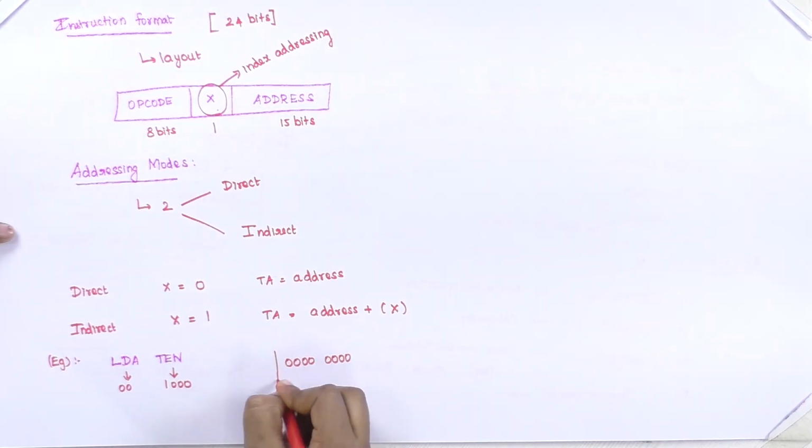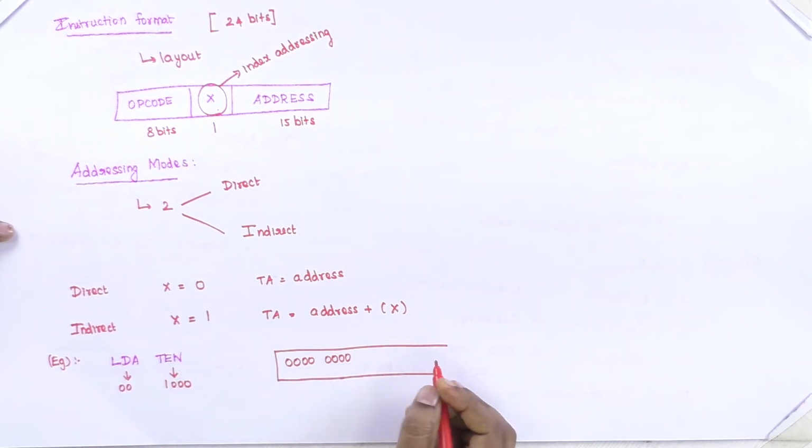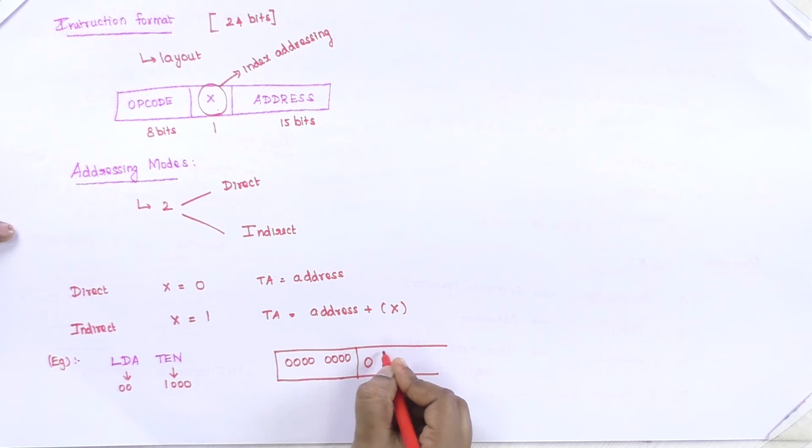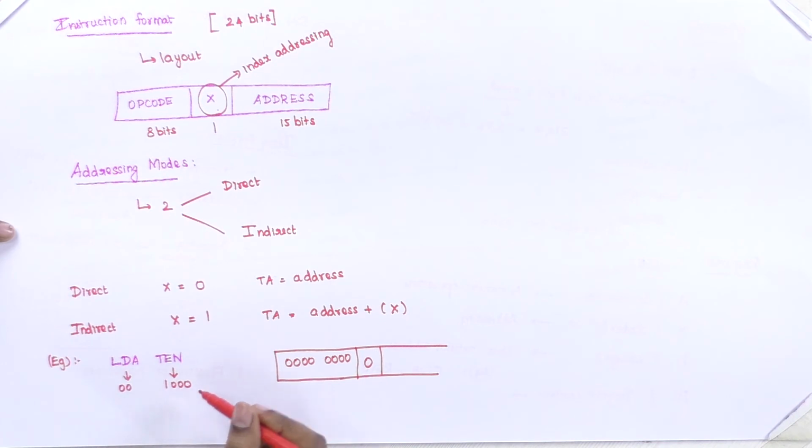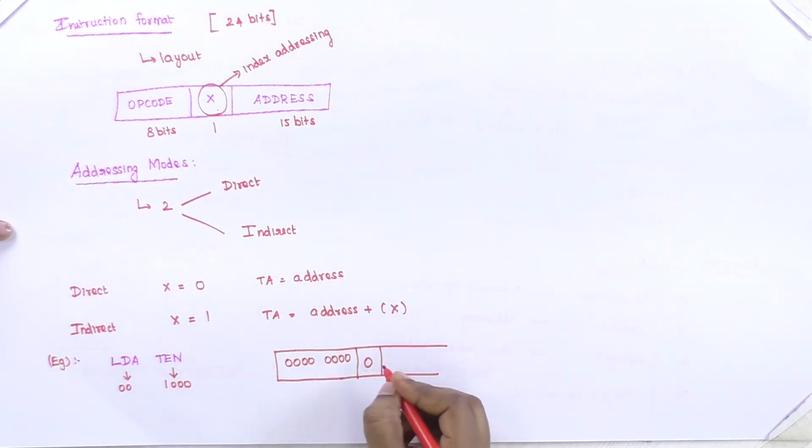So this is our opcode. And the value of X is 0 because it is an example for direct addressing. Then 10. The address where 10 is stored is 1000.